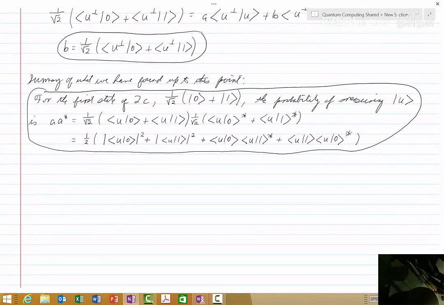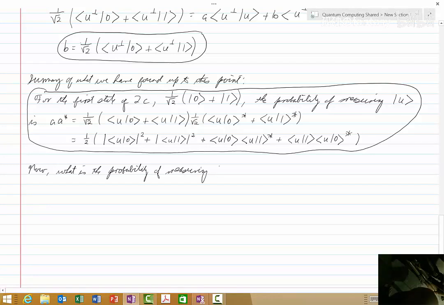So this is the probability of measuring U for the first state, and now we ask, what is the probability of measuring U for the second state?